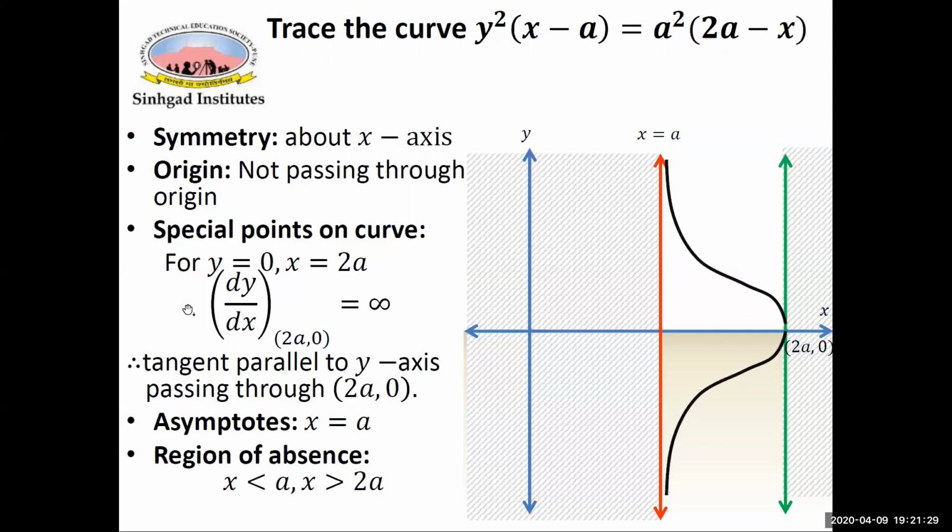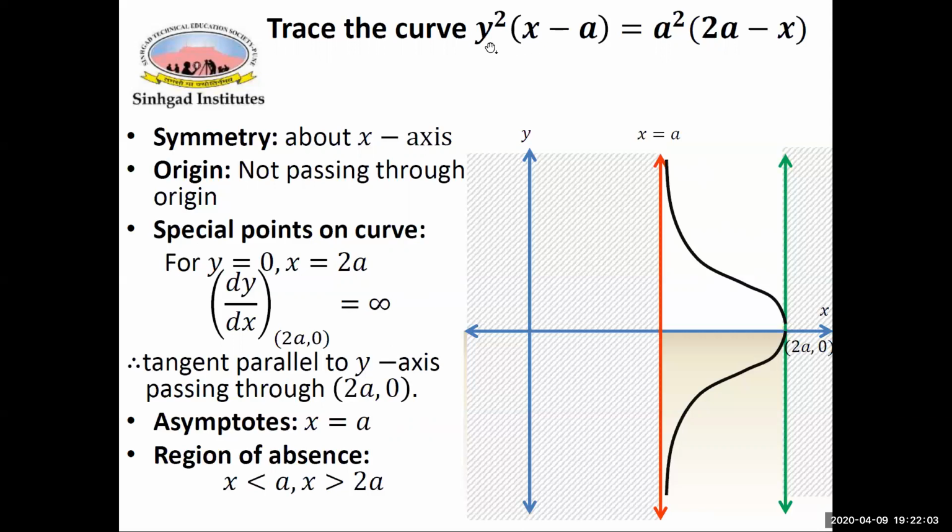Now what do we need to check? Asymptote. For finding the asymptote, as it is symmetric about x-axis, equate the coefficient of highest power of y to 0. What is the highest power of y? y square. Its coefficient is x minus a. x minus a equal to 0 indicates x equal to a, and hence an asymptote to this curve is x equal to a.